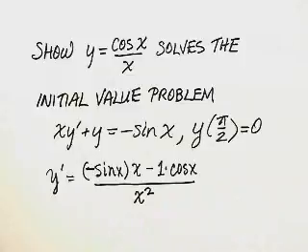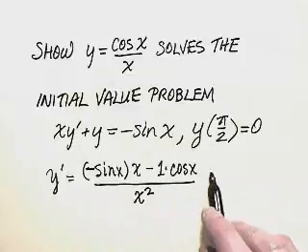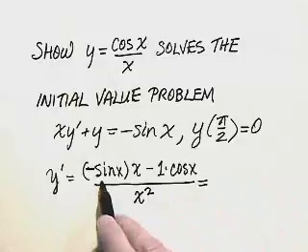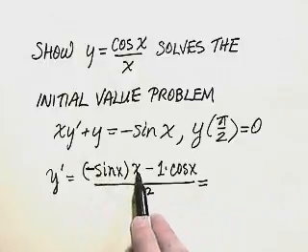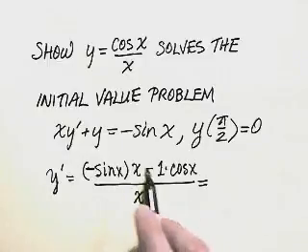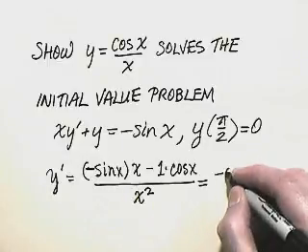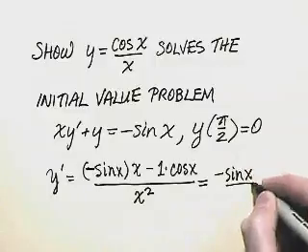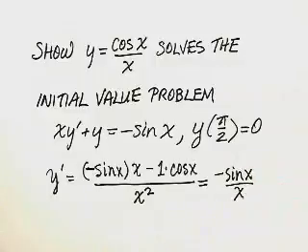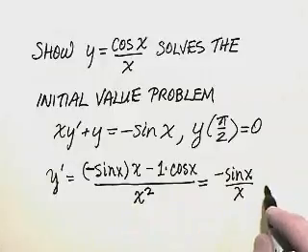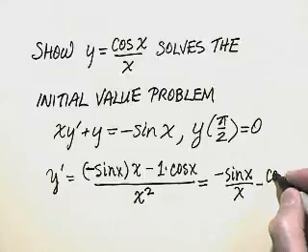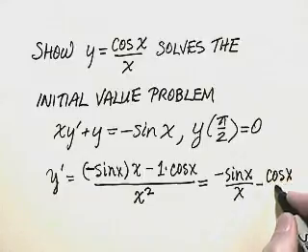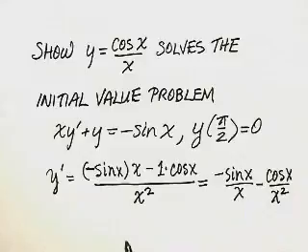So consequently, let's look at this, break it up into two terms. The first term is negative sine x times x over x squared. There we could cancel an x and we'll just get negative sine x over x. But the second term is negative cosine x over x squared. And so we have minus cosine x divided by x squared.